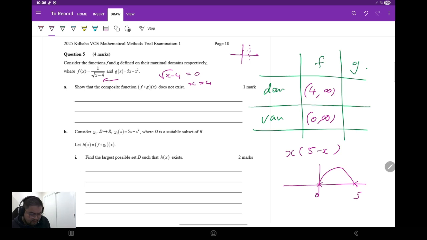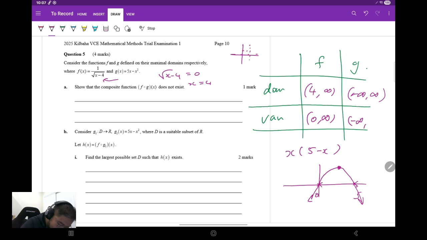Now what is the domain and range? The domain for this parabola has no restriction, so it's all real numbers, negative infinity to infinity. The range of this graph will be up to whatever the turning point is, going down to negative infinity.